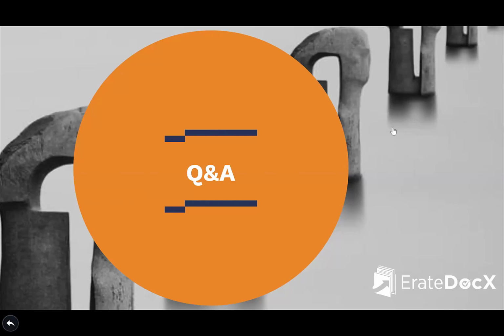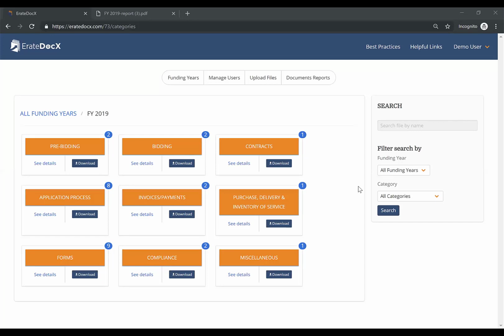Okay. So we have someone who wants to know, we review the PIA reviews, but how can ErateDocs be used for PQA reviews? The PQA review, PQA stands for Payment Quality Assurance Review, and it is used to verify that you have paid your portion of the payment.